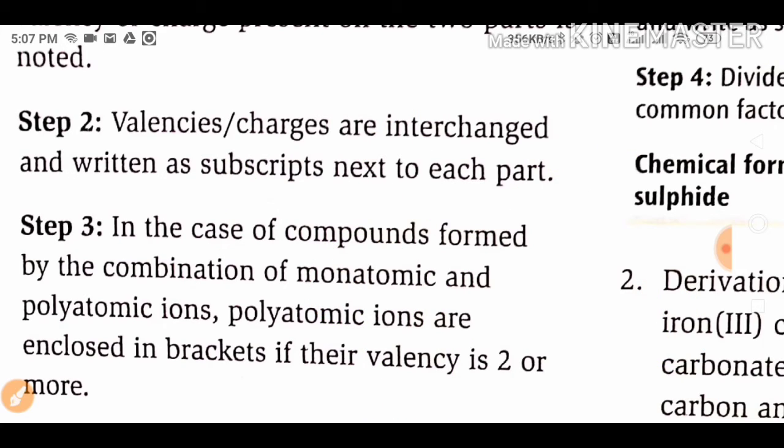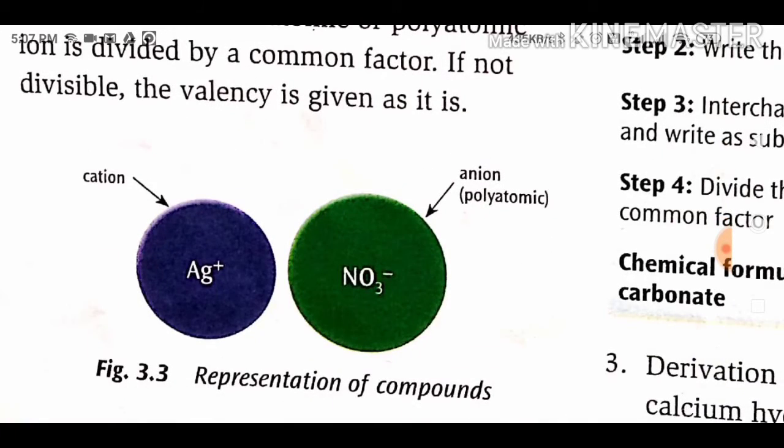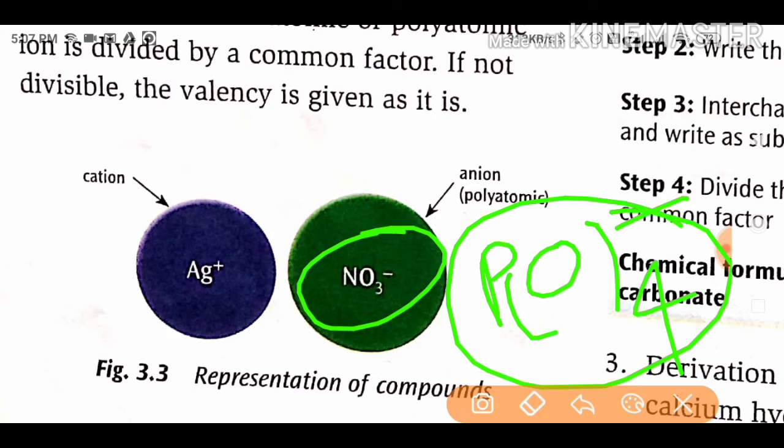In the case of compounds formed by the combination of monoatomic and polyatomic ions, polyatomic ions are enclosed in brackets if their valency is 2 or more. So here see in the example, here only one valency, nitrate we already did at one valency. If there is valency more than 2, suppose PO4, it is written in brackets.